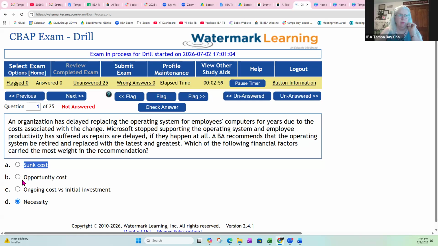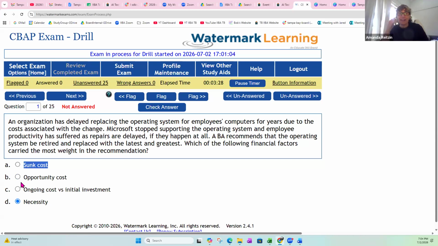Okay. And the opposite of that would be costs associated with the change. Yes, I think it carried the most weight in the recommendations because I don't know how to articulate it.